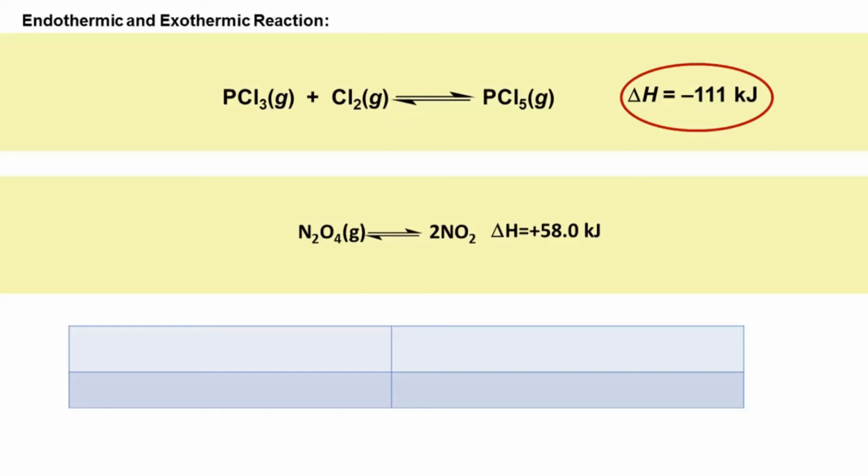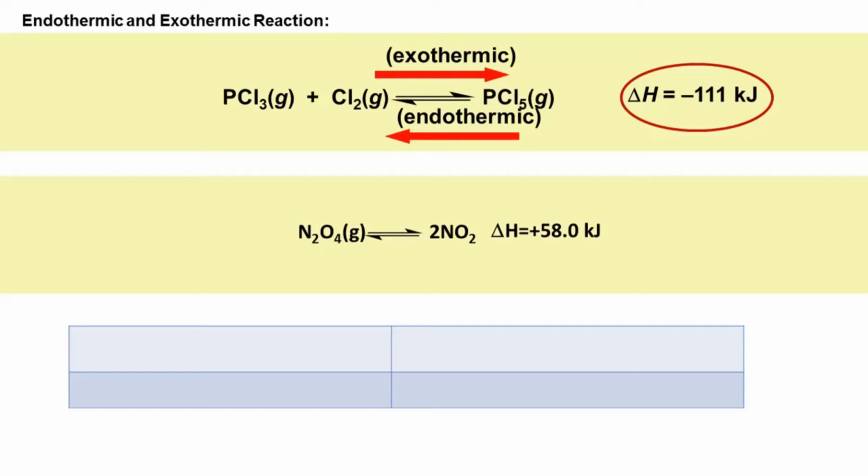This implies that the forward reaction, phosphorus trichloride reacting with chlorine gas to form phosphorus pentachloride, is an exothermic reaction, while the reverse reaction, dissociation of phosphorus pentachloride to phosphorus trichloride and chlorine gas, is an endothermic reaction.